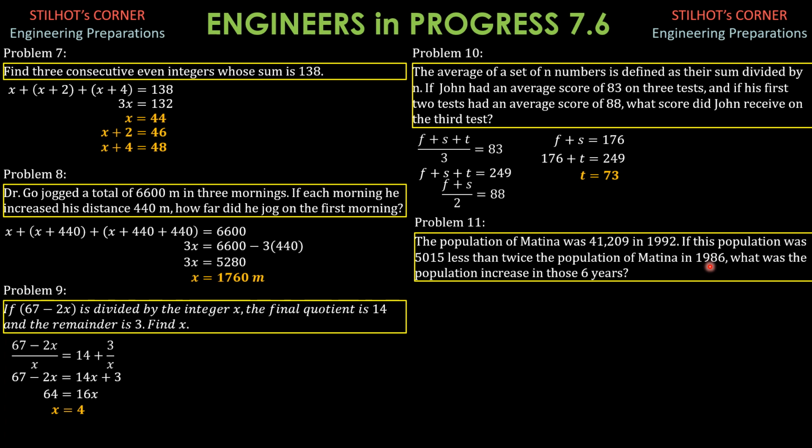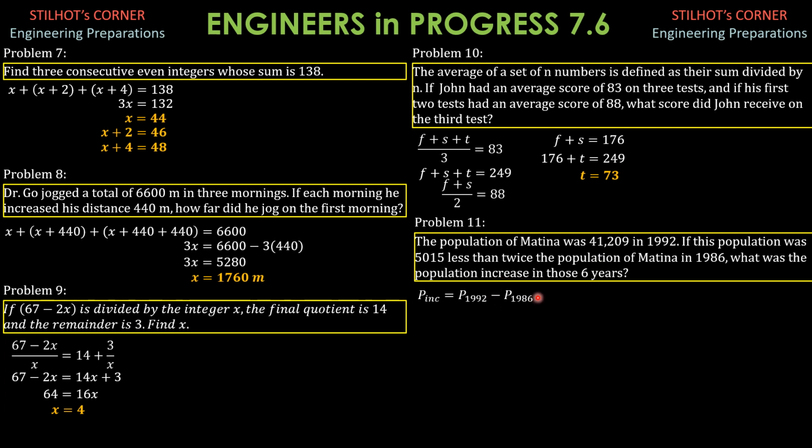And that population in 1986, we'll just call it population sub 1986. So let's set up the equation. Population increase equals population in 1992, which is 41,209, minus the population in 1986.